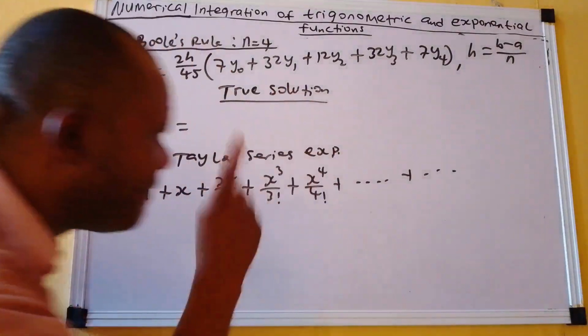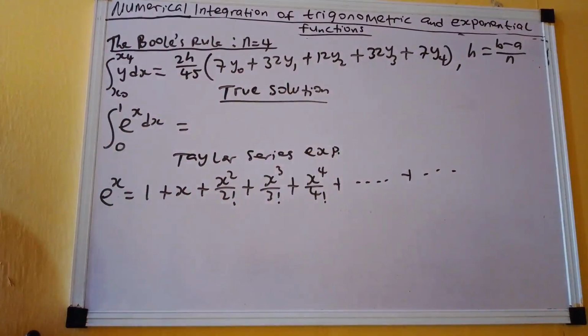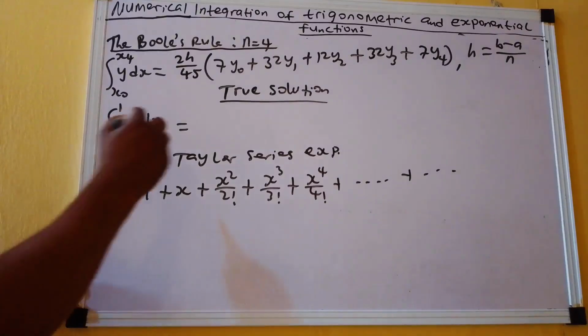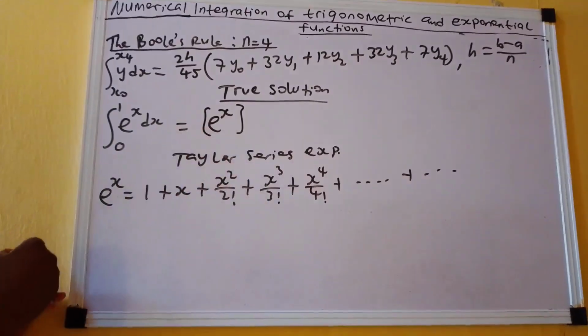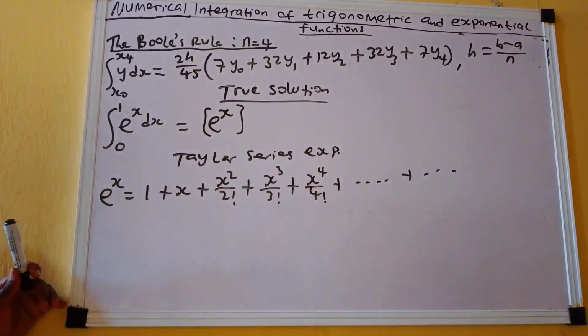Now, if I differentiate or integrate this function with respect to x, I will have it repeating itself. So it is the only function that remains itself. Integrating this, I'm going to have exponential x. Then of course I told you that the integration constant for a definite integral will cancel out, so there is no need writing it.